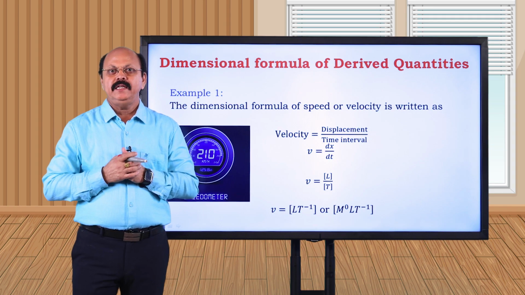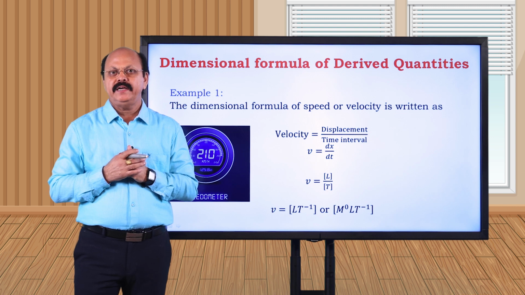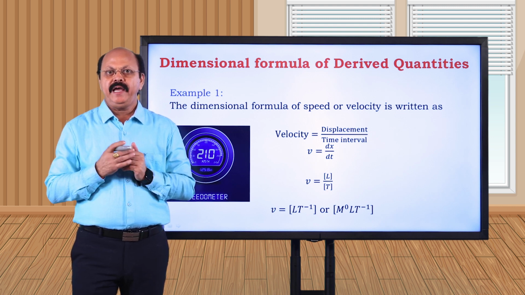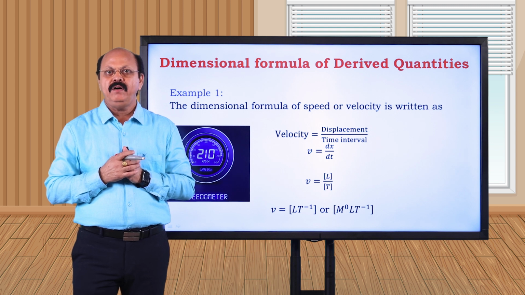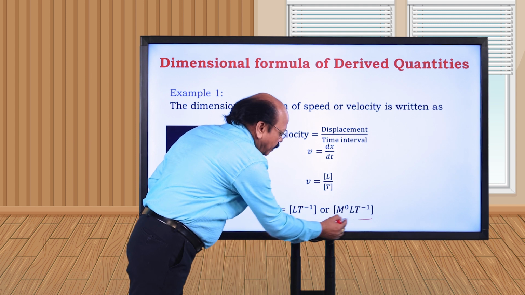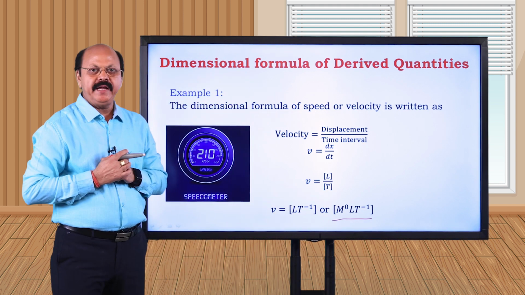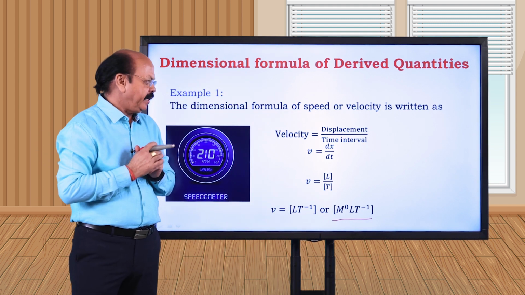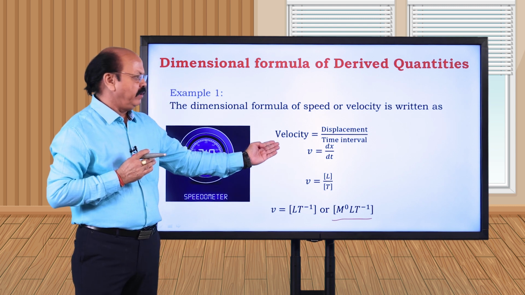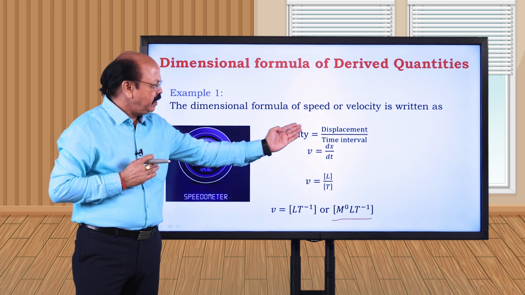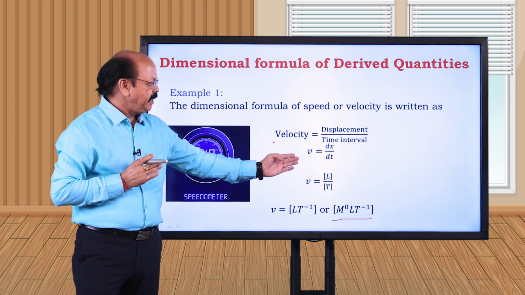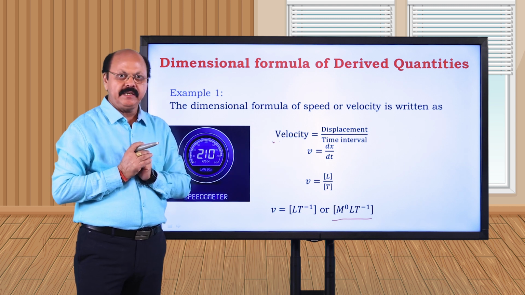Dear students, in the same way we can find the dimensional formula of speed or velocity. The dimensional formula of speed or velocity is written as [M^0 L T^-1] within square bracket. For finding this formula, we require the formula of velocity, that is velocity equal to displacement upon time interval, that we can write v equal to dx upon dt.